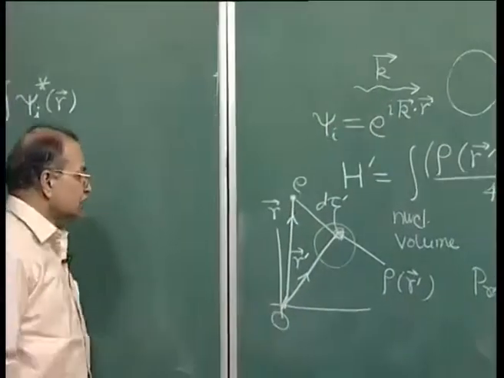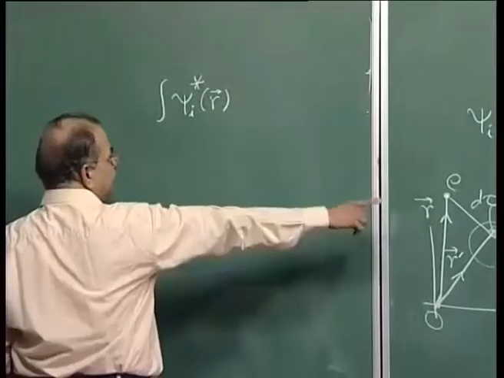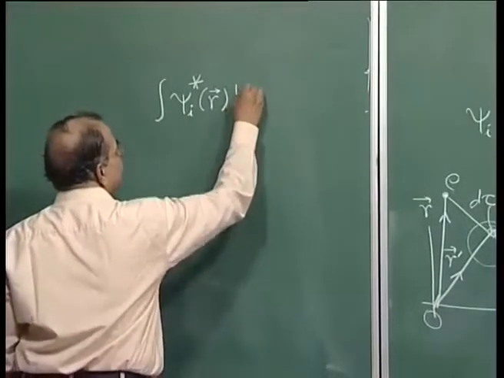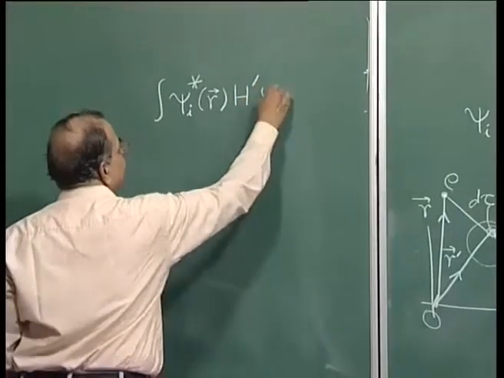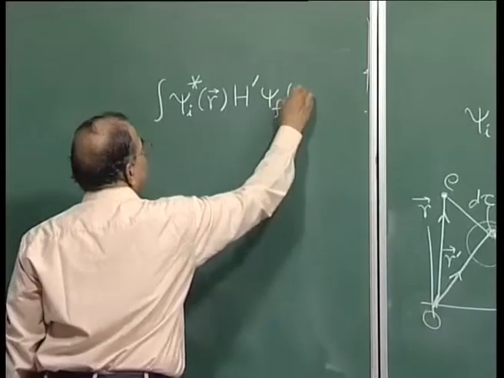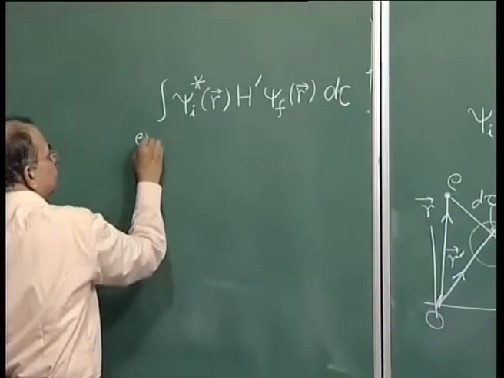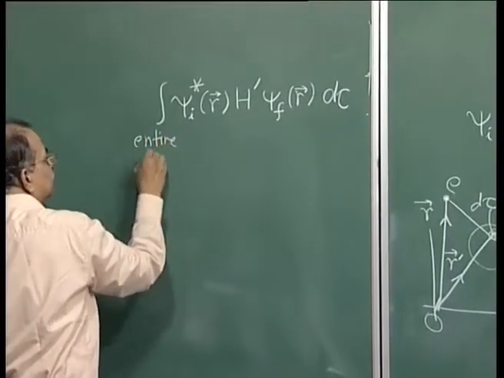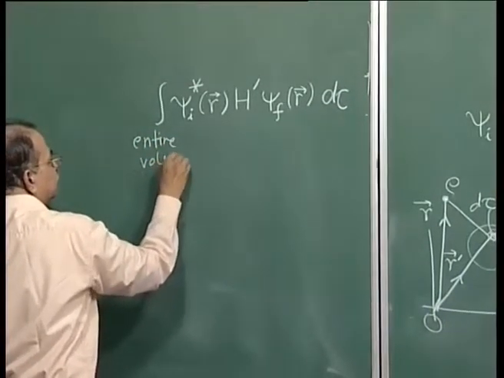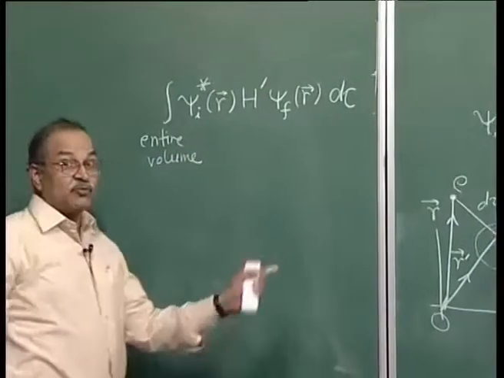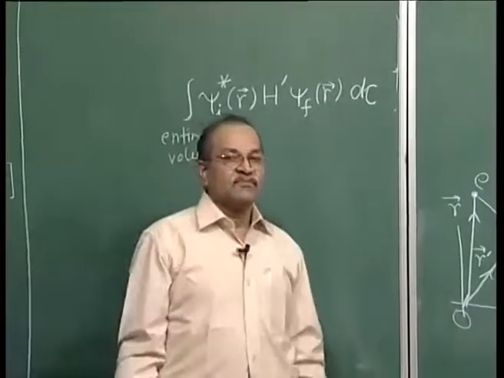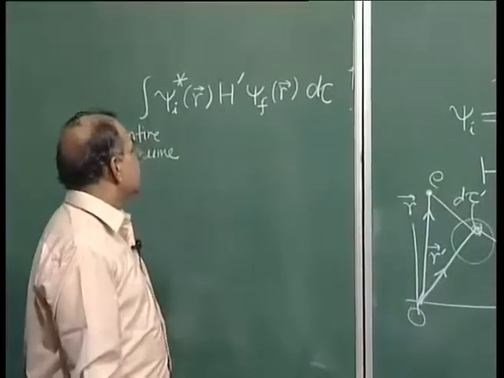So, that is this psi and then you write that interaction energy h prime whatever it is and then psi f of r and this integrated over the entire volume. Entire volume, not of nucleus, the whole volume. So, that is this quantity.